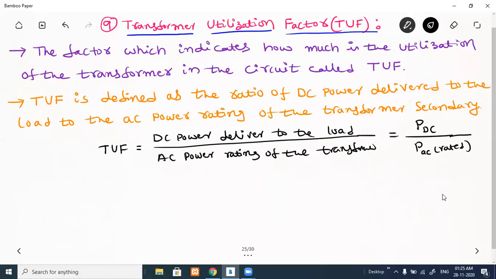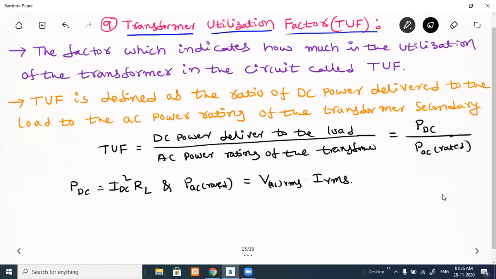And we know that PDC equal to IDC square into RL, whereas the PAC rated is equal to VAC of RMS into IRMS.